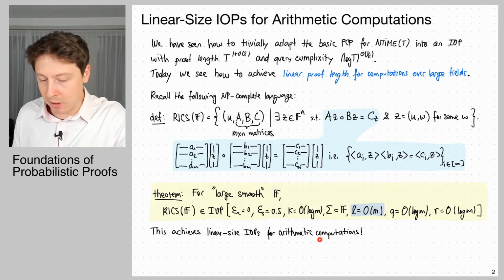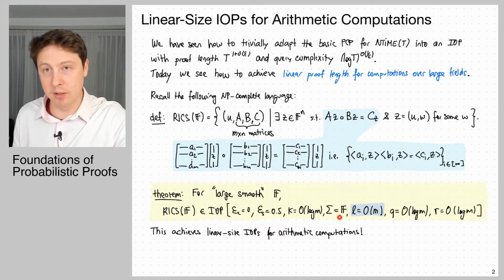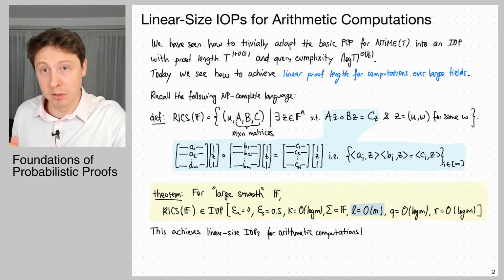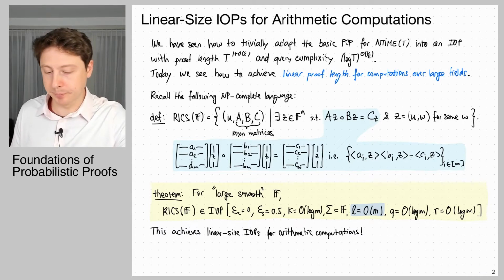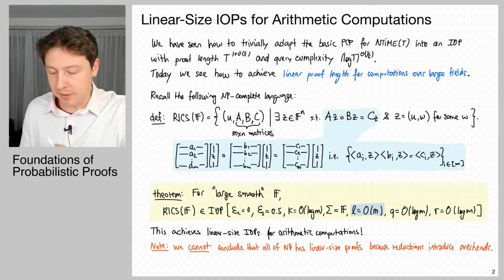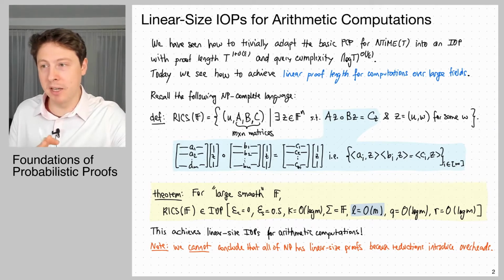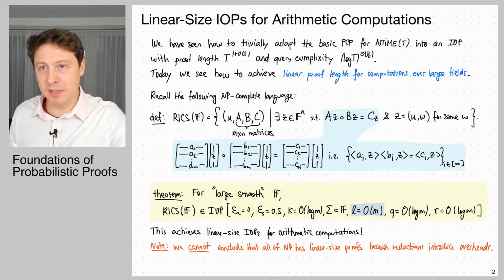It is specifically for arithmetic computations because, again, this field F of the language is also the field over which we're going to be expressing things, and it needs to grow with the instance size. Note that we cannot conclude that all of NP has linear size proofs also, because just moving between different NP-complete languages introduces overheads. NP-completeness is a robust notion under polynomial time reductions.